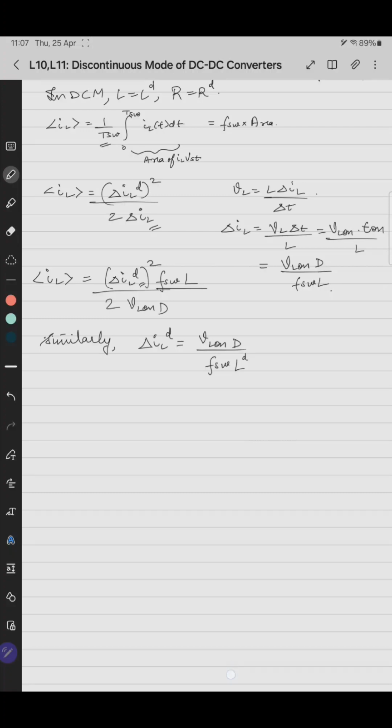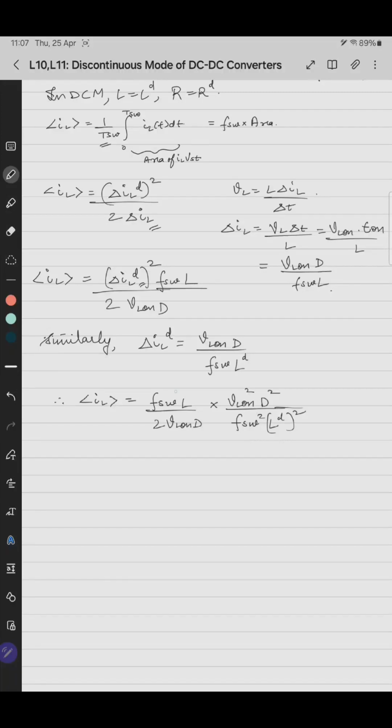So by substituting, the average value of IL is equal to F switching L by 2 VL on into D, into VL on square D square by F switching square into LD square.